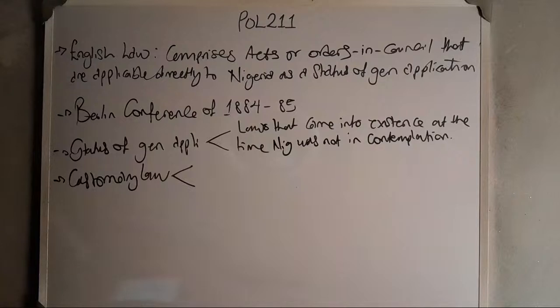The following cases are applicable: Edet versus Essien in 1932, Re Effiong Atta in 1930, and Mariana versus Sadiku Ejo in 1961. Now the customary law happens to be one of the sources of the Nigerian legal system.